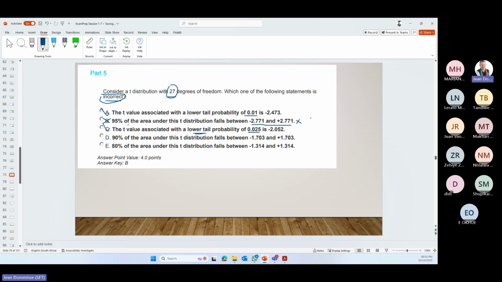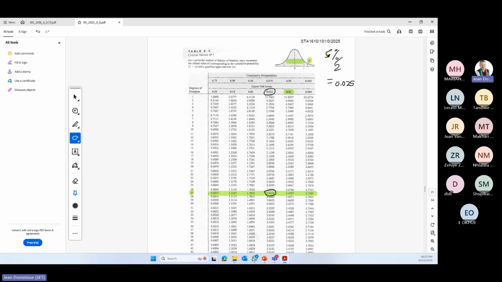Then in the next one we said 90% falls within, so what falls outside it is 10%. 10% divided by 2 is 0.05.